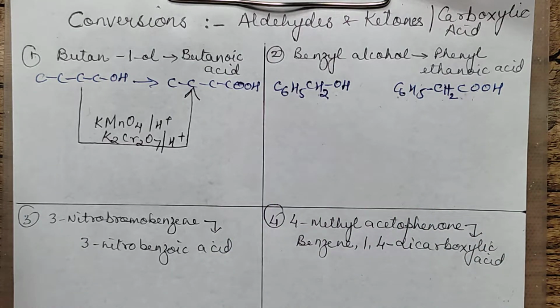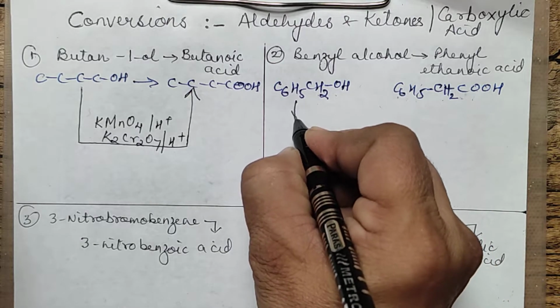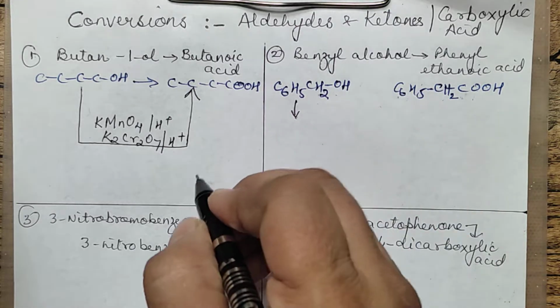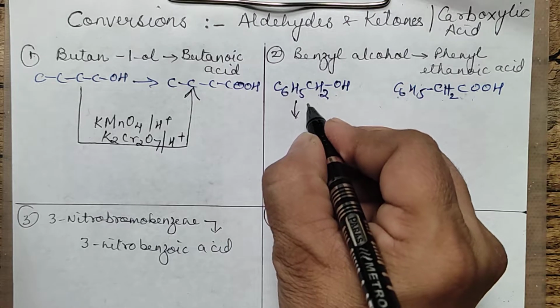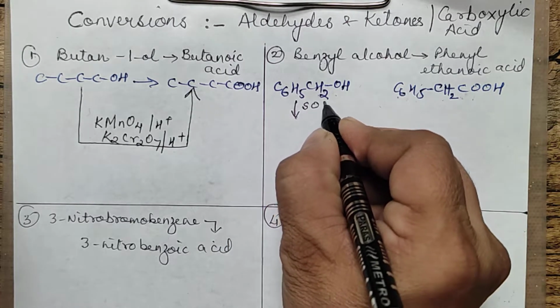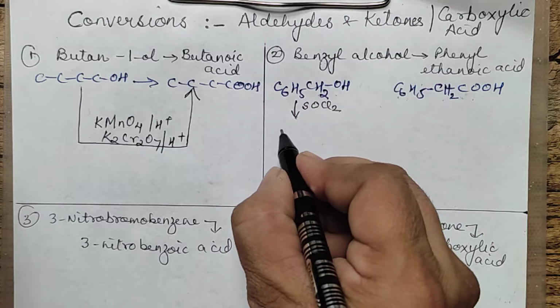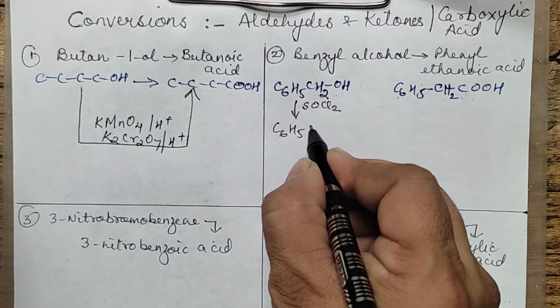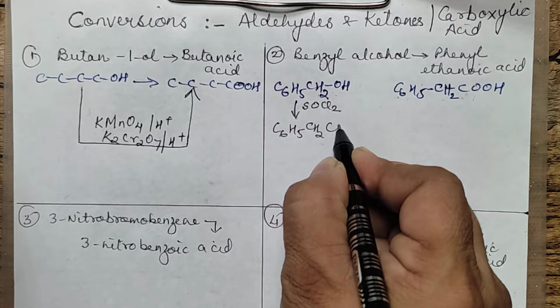Whenever carbon has increased, you think of potassium cyanide. So what we will do in this is, first thing is, we should put some halogen over here. Suppose we are writing here SOCl2, thionyl chloride. That is the preferred reaction we have studied. So C6H5, you will have CH2, you will have Cl.